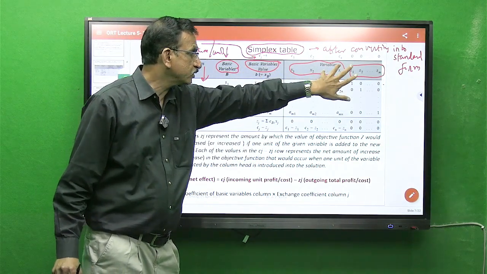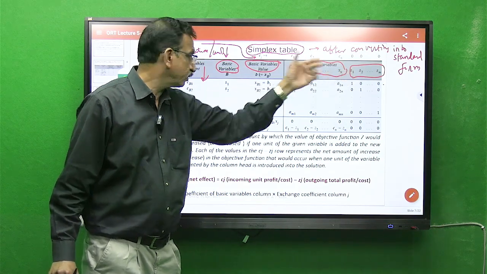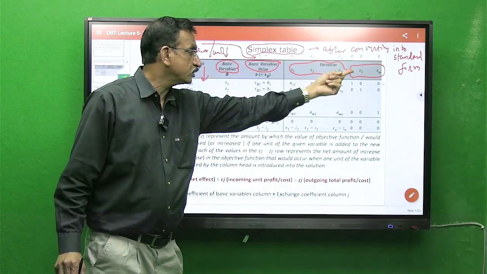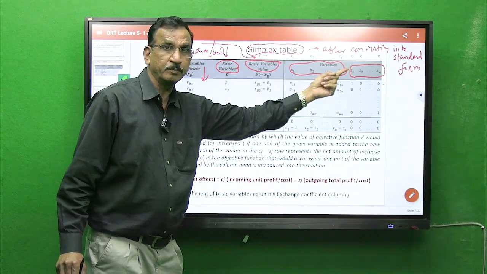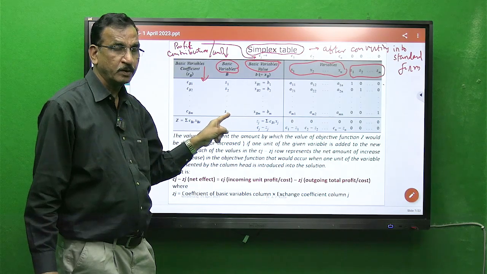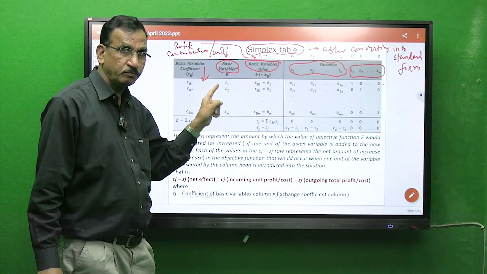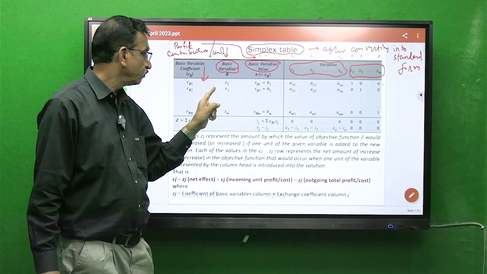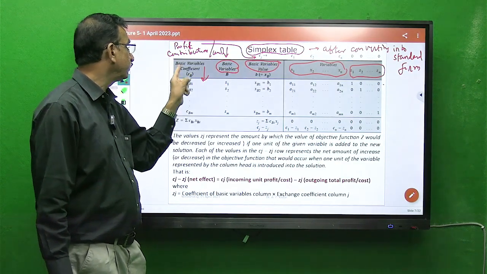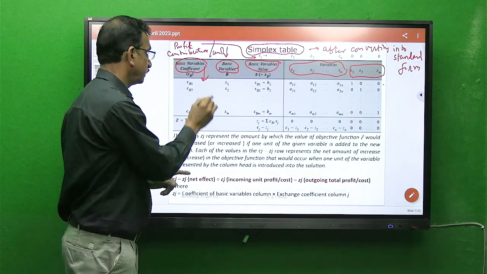Amongst these large number of variables, some variables will represent the solution, and for those variables which are representing the solution, we will be writing their Cj value, but it will be called the basic variables coefficient.